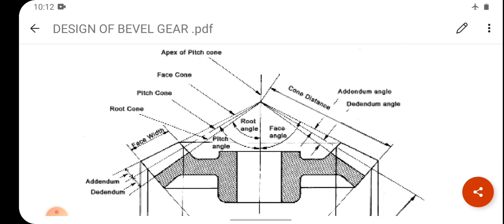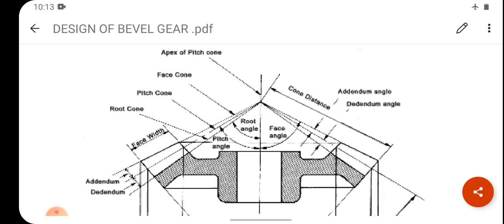So here I have not shown clearance, so directly written addendum and dedendum. Now focus on the central point or center of the image, that is root angle and face angle. Clear? Now focus on the right, that is cone distance from tooth to apex. This is known as cone distance.